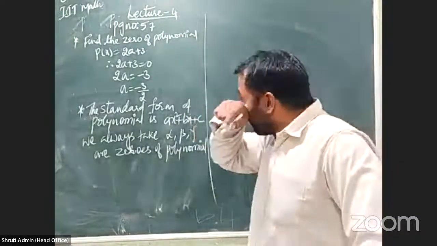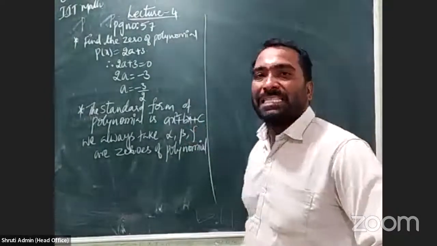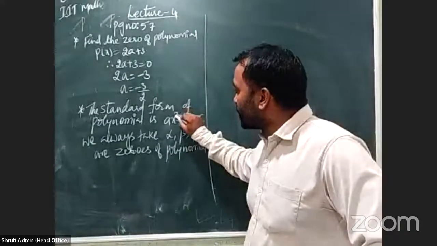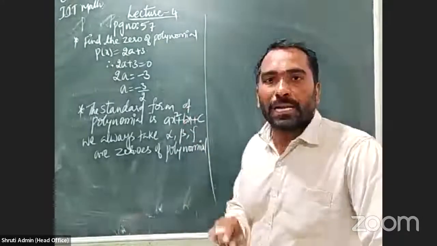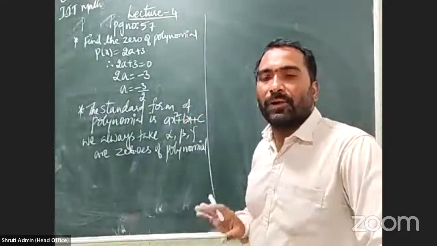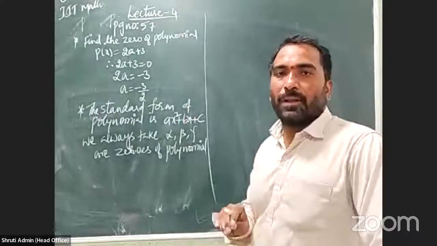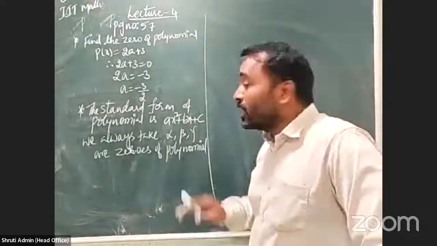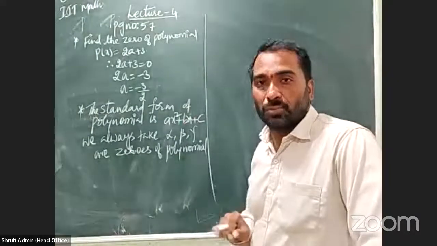See, the standard form of a polynomial is what? ax square plus bx plus c. And what is this standard form ax square plus bx plus c? It is a quadratic polynomial. Sir, why are we calling this a quadratic polynomial? Quadratic means whose degree is 2.